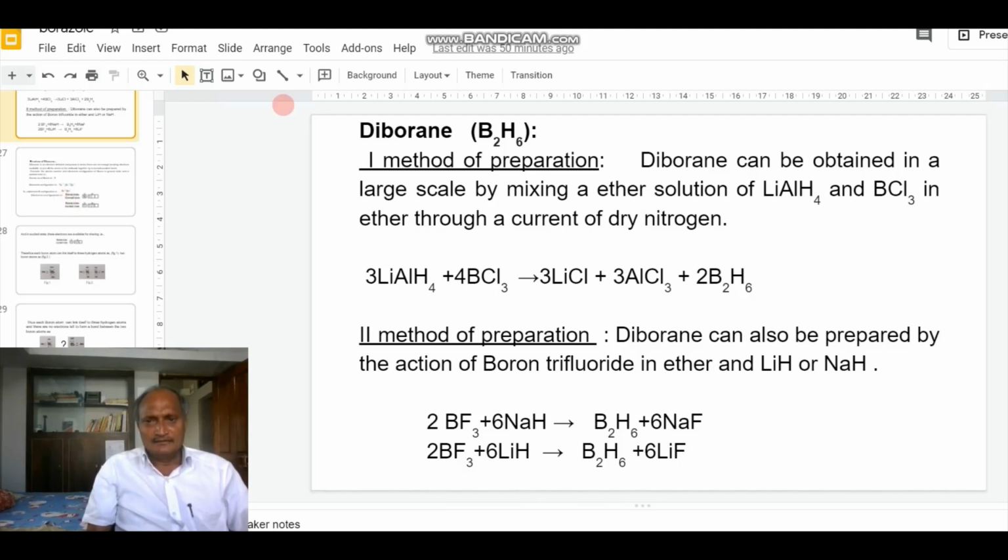In the second method, diborane can be obtained by the action of boron trifluoride in an ethereal medium along with lithium hydride or sodium hydride. So we obtain 1 mole of diborane, and also 6 moles of sodium fluoride if you have taken sodium hydride, or 6 moles of lithium fluoride if you have taken lithium hydride as the reactant. So this is the second method of preparing diborane.